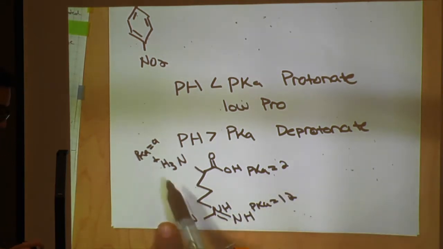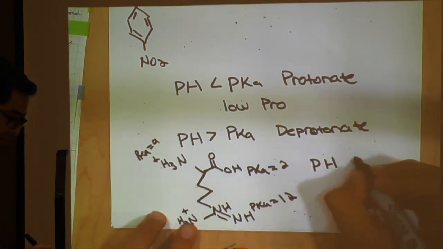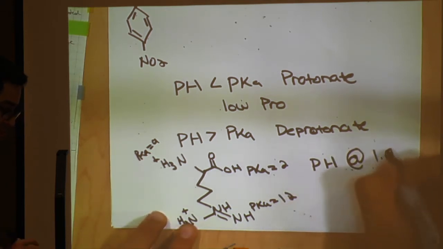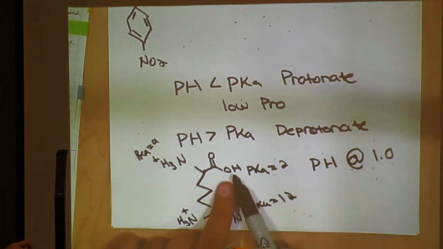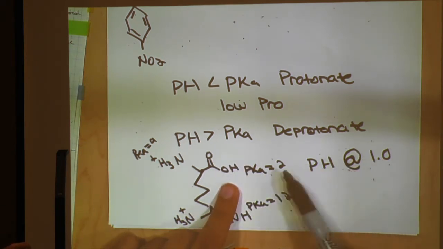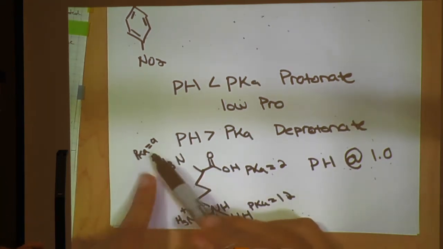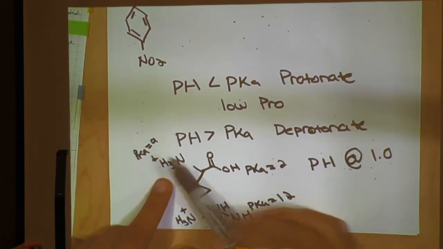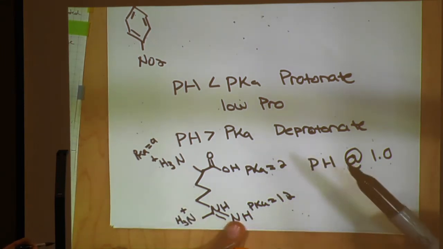And then I'll tell you in solution the pH is equal to something. In this case, I'm going to say pH is 1.0. So for this substituent, pKa is 2, pH is 1, so pH is lower than pKa, so it protonates, so that hydrogen belongs there. Good. Here, pKa is 9, protonates again, NH3 positive, good, and they're all protonated, right?